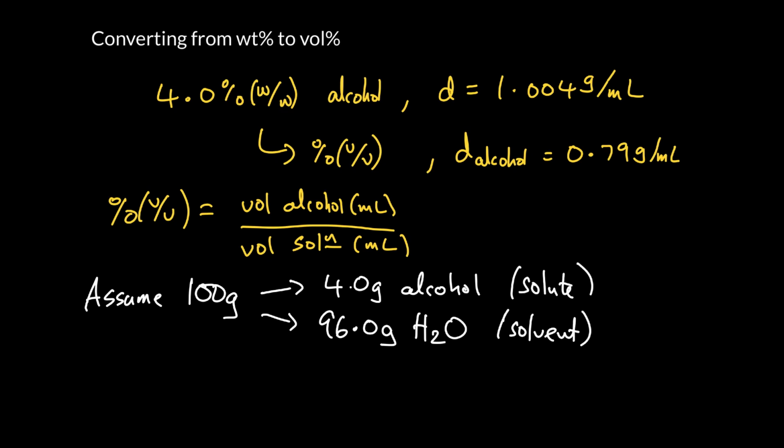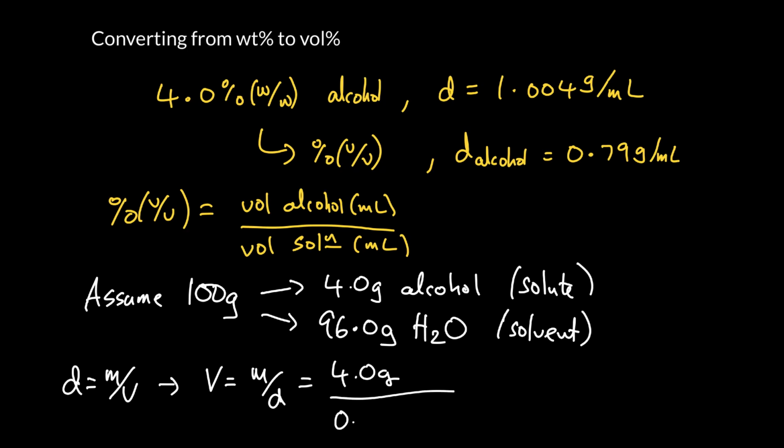So I want to know the percent by volume, so I need to know the volume of my alcohol. I need to convert 4 grams of alcohol into a certain number of milliliters. I can do that a number of different ways. I know density is mass over volume, so volume is mass over density. If I've got 4 grams and a density of 0.79 grams per milliliter, the grams cancel and I'm left with milliliters, and I get something like 5.06 milliliters.